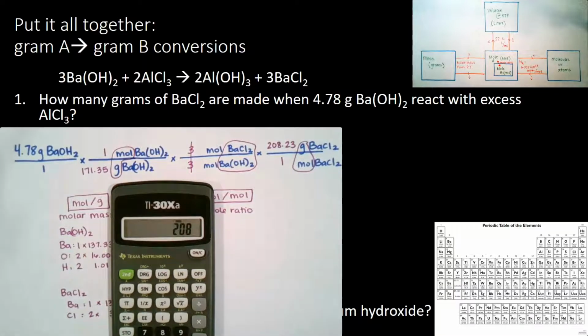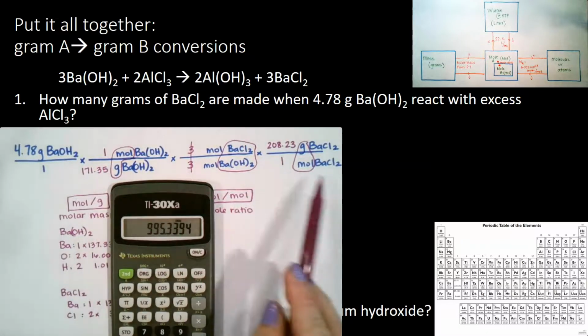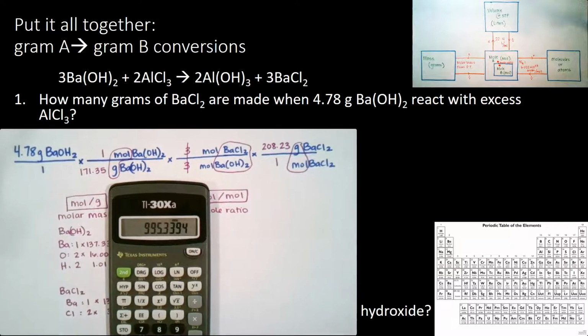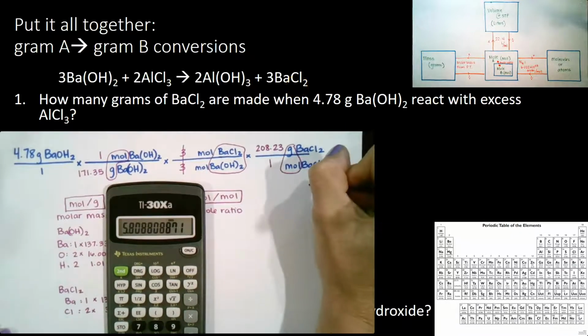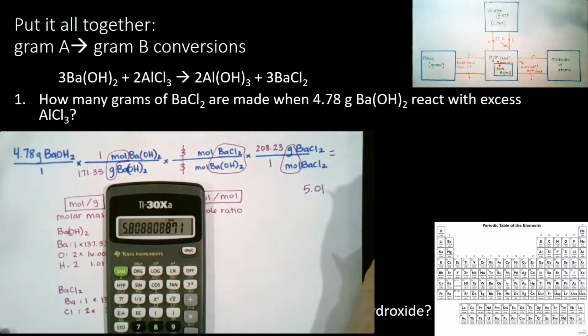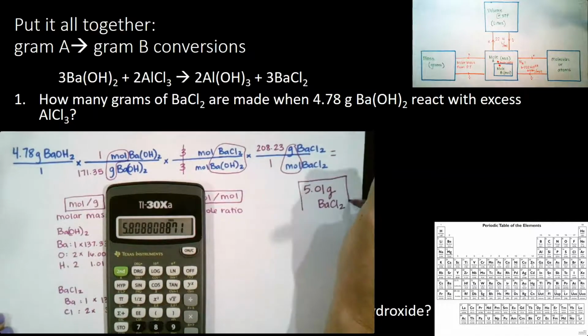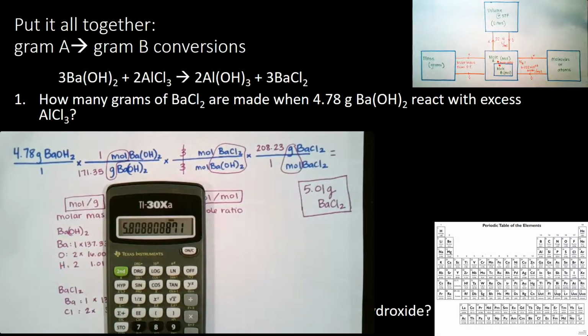And now I'm going to divide by each thing that's on the bottom, in this case just 171.35. And I'm going to end up with 5.01 grams of BaCl2. And that is my final answer for how many grams of BaCl2 are made when 4.78 grams of Ba(OH)2 react with excess AlCl3. We're going to do one more of these kinds of problems together.